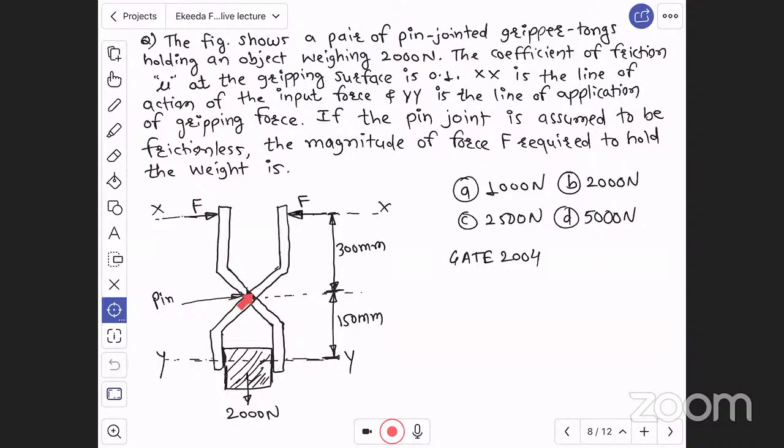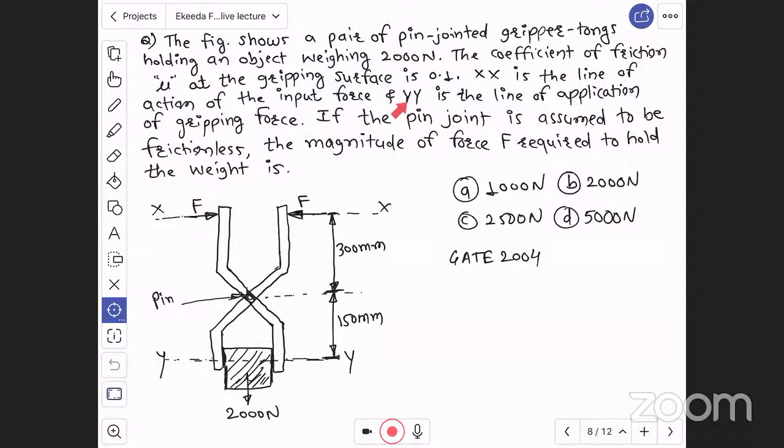Now come to the question. The coefficient of friction mu at the gripping surfaces is 0.1. Because of this friction only we can hold the object. Now xx is the line of action of the input force.